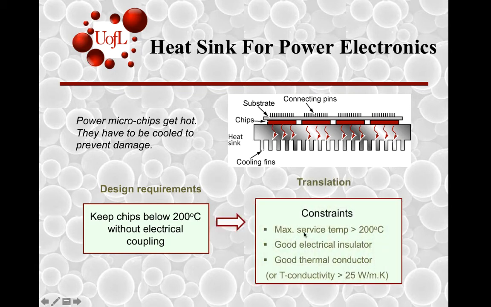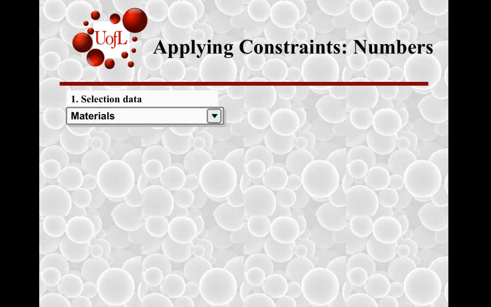What that means is we'll have to put down some numbers. Maximum service temperature should be below 200 degrees centigrade. It should be an electrical insulator. It should have high thermal conductivity. So what are those numbers? How do we look them up? And given that there are multiple constraints, how do we combine through all those different competing alternatives?